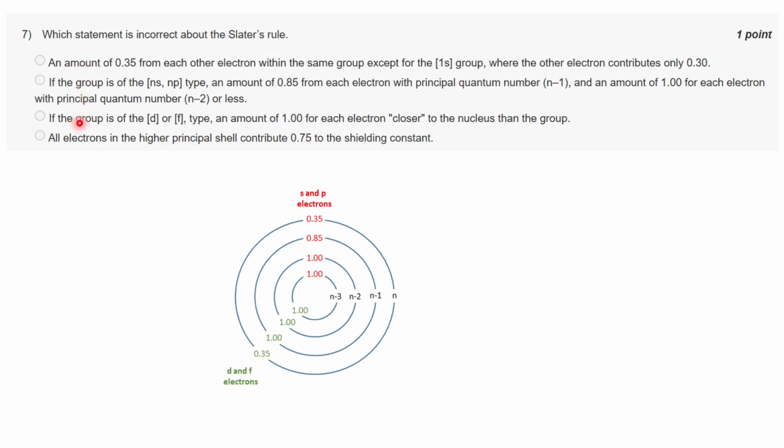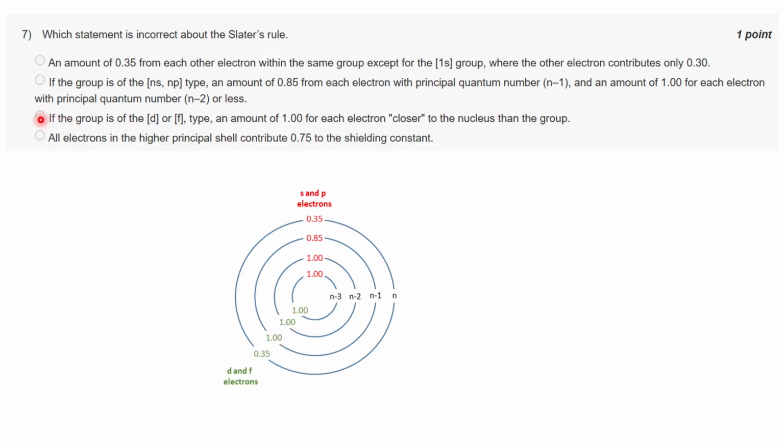The third option is, if the group is of the d or f type, an amount of 1 for each electron closer to the nucleus than the group. In the group, again, d and f electrons will have 0.35 per electron, but everything else, n minus 1, n minus 2, n minus 3 and other inner orbitals, will have 1 per electron contribution, right?